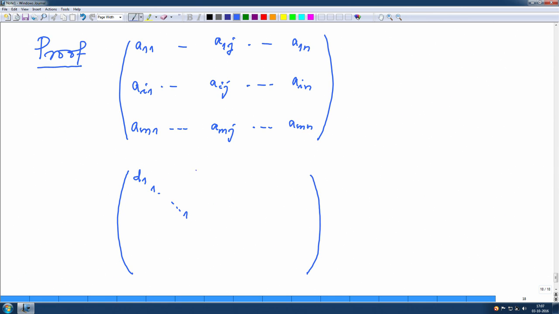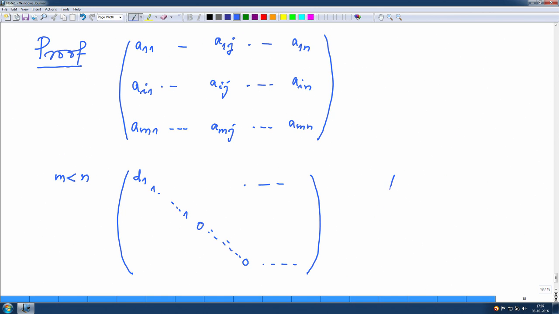This is an r cross r matrix. Then zeros. And depending on whether n is smaller or m is smaller, this is the main diagonal, right? In the picture I drew, the columns are more, so m is smaller than n.